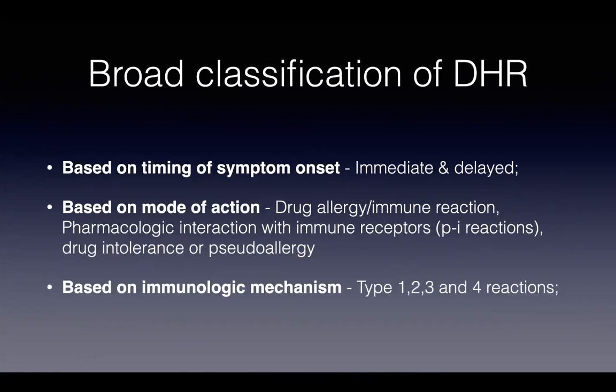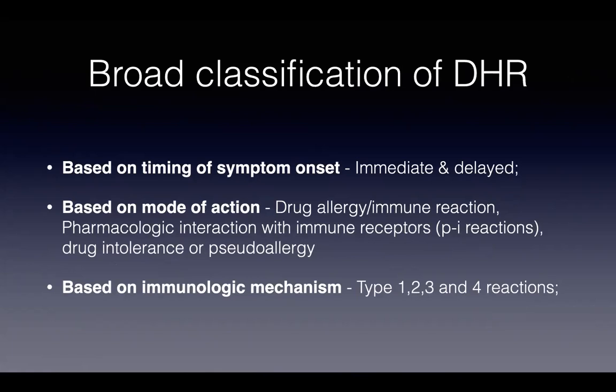If we look into a broad classification of DHR, maybe next week we will have a separate seminar on drug allergy. But just for our understanding, I have put this slide: it can be classified based on the timing of symptom onset, which may be immediate or delayed.